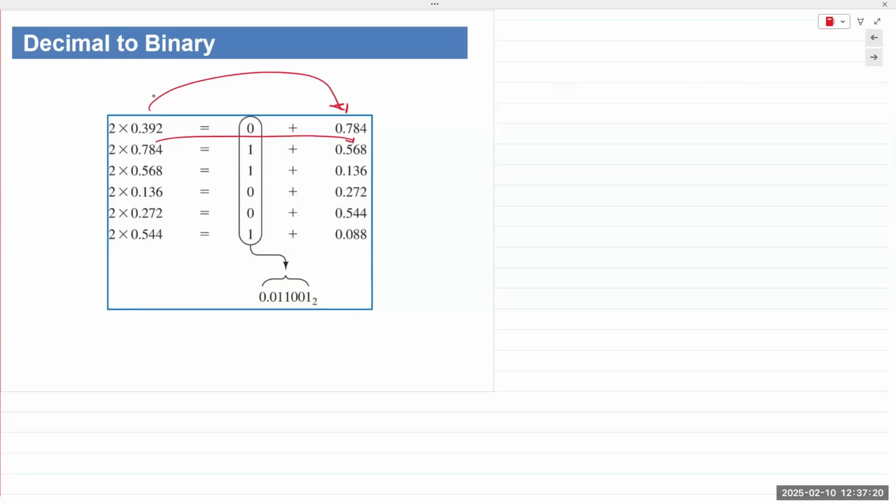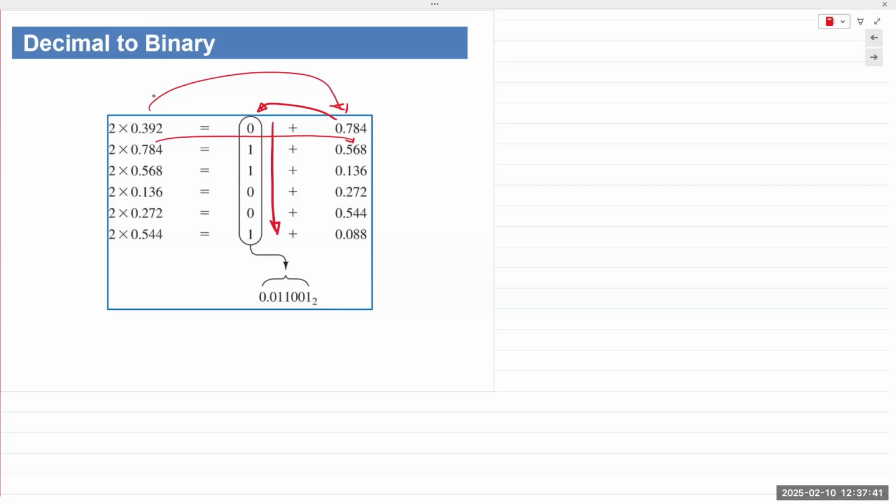The answer goes here. And then we read from top to bottom. We keep multiplying until we reach the desired decimal numbers or decimal places.